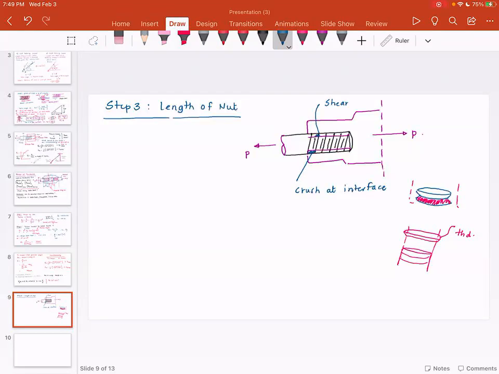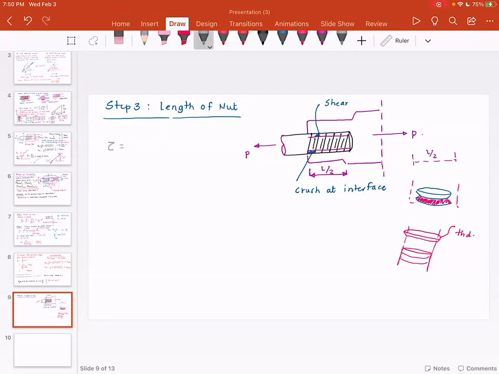Now this nut is actually symmetric on both sides. So I'm going to say this is the length of the nut. I'm going to call this L by 2, because on the other side, I'm going to assume that you have the same nut. So P is equal to pi times dc times L. Actually, let me write this equation slightly differently.